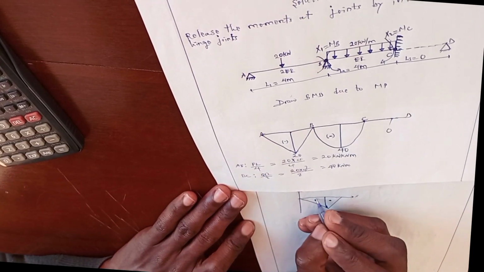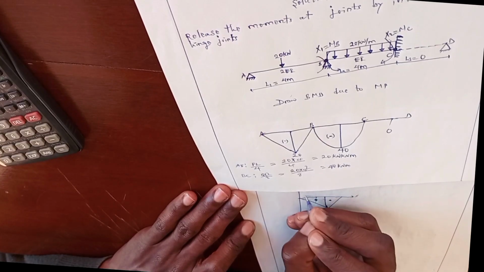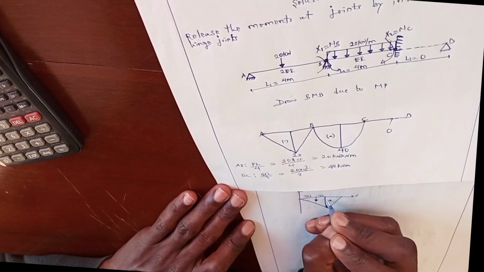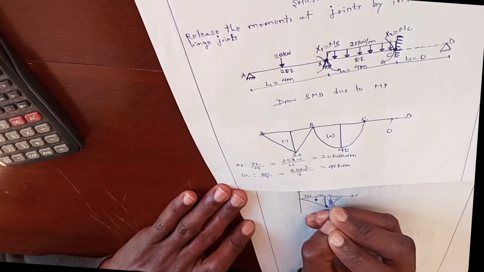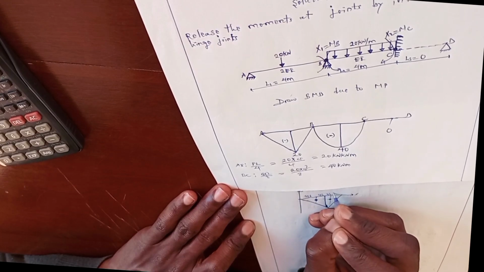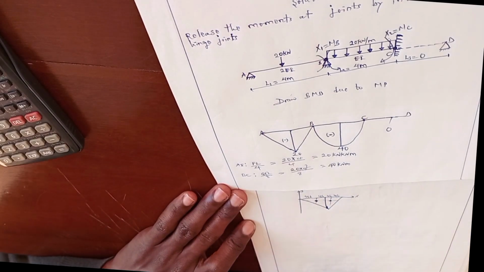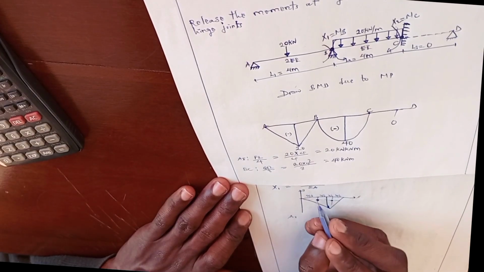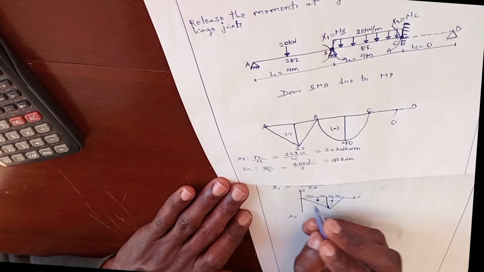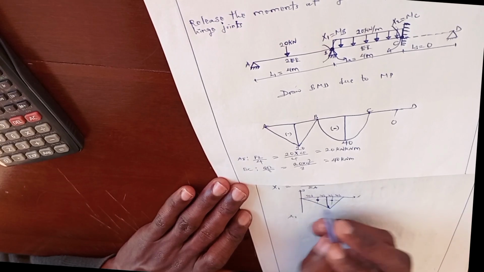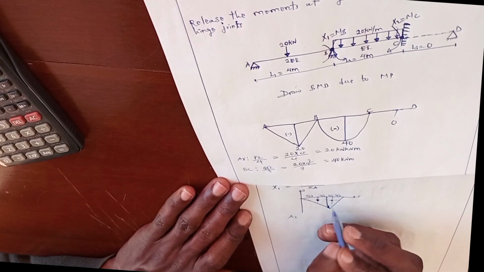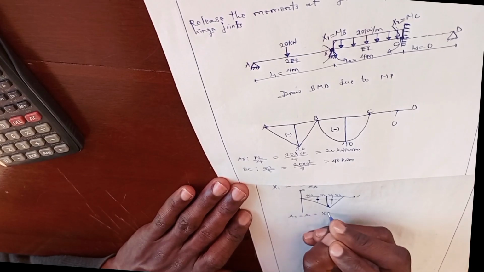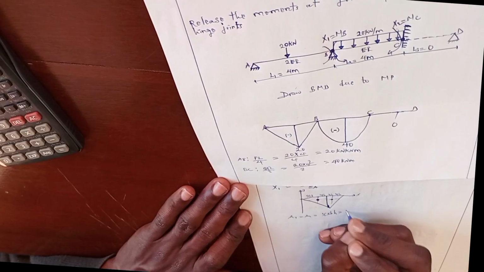Now, to obtain this, it will be 2 over 3 times base, 1 over 3 times base. For this triangle it is 1 over 3 base, 2 over 3 times base. Now, to obtain area 2, since the area of this triangle is similar to the area of this triangle because base and height are similar, area 1 will be equal to area 2, which is equal to a half times base times h. Now it will be a half.